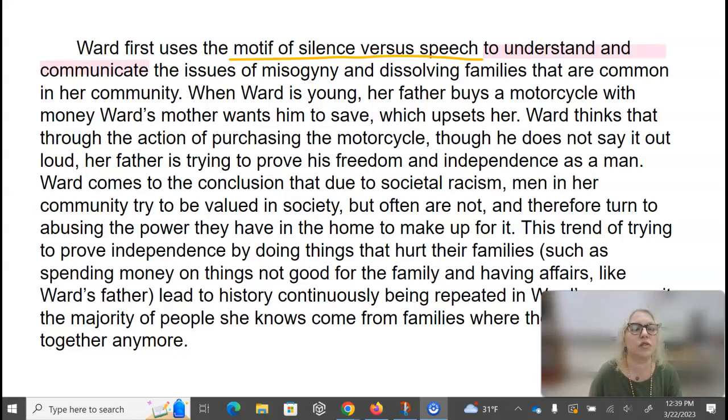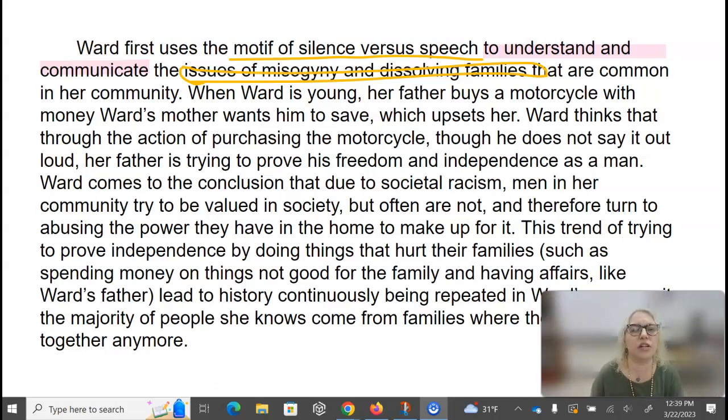The student is really using "to be understood" as a way to communicate. And then as far as larger ideas go, we've got the issues of misogyny and dissolving families. So that's a larger idea. Whoops, it didn't circle it very well. That are common in her community.